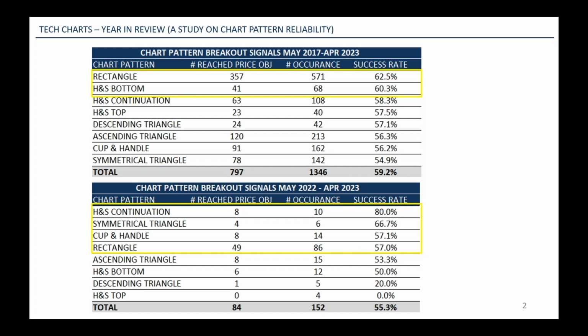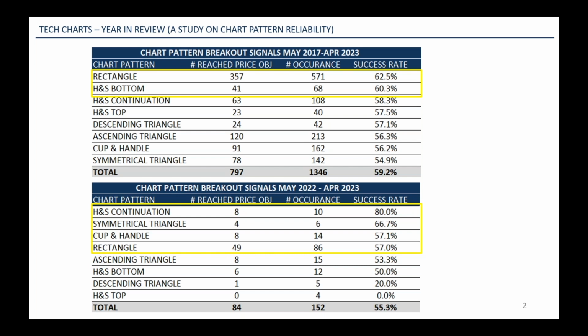60.3%. Now I want to compare those to the average. So we have the total number of chart pattern breakout signals, 1,346. This is during the 6-year period. 797 reached their price objective, giving us a success rate of 59.2%.